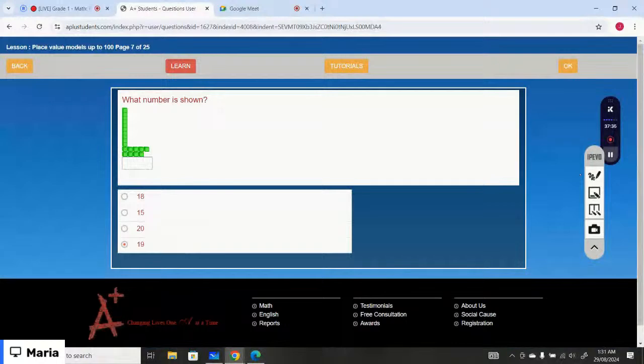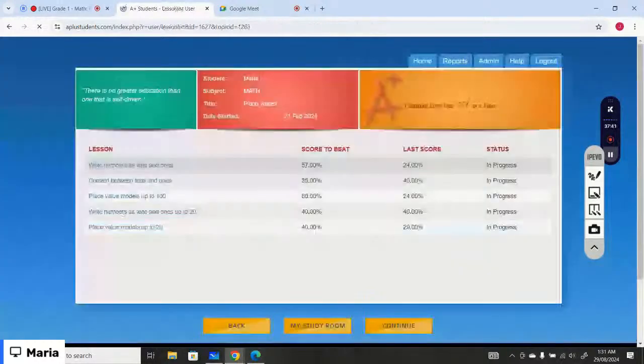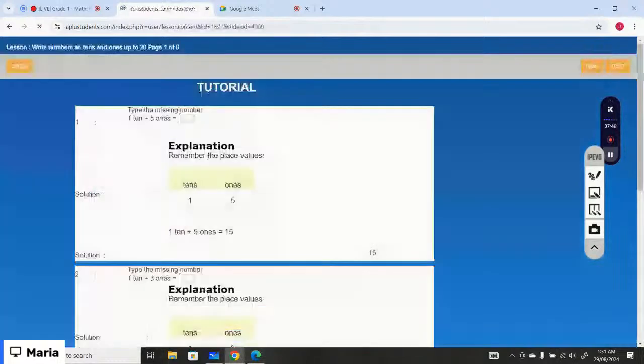Okay, you can complete the lesson by yourself later today. Let me just move on to the next lesson. That is right. Write numbers as tens and ones up to 20. Let's just start with the lesson. So you have 1 ten and 5 ones.